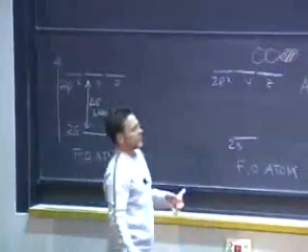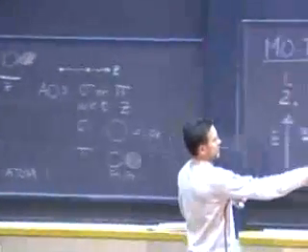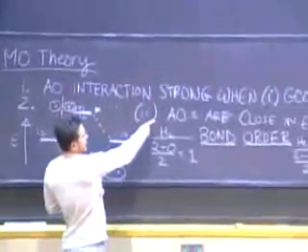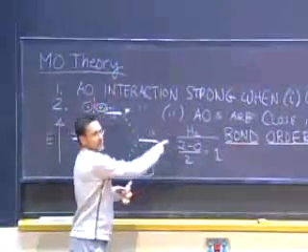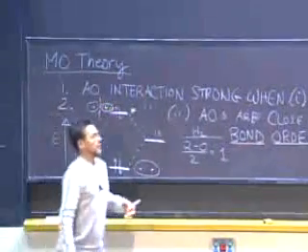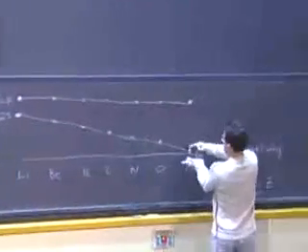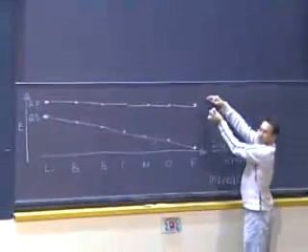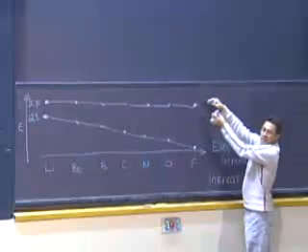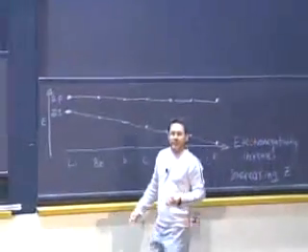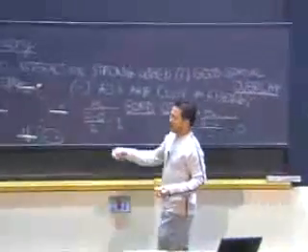Because remember here I said that you get strong interaction when the interacting AOs are close in energy. When you're talking about these very electronegative elements, the s manifold of orbitals is very well separated in energy from the p manifold. That leads to simplicity in the case of the diagram that we're about to draw.